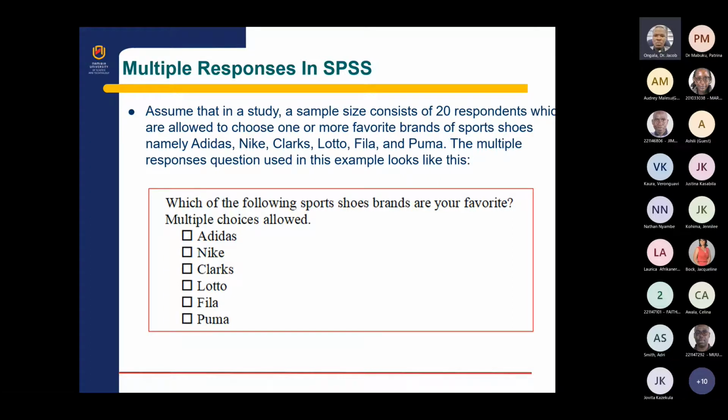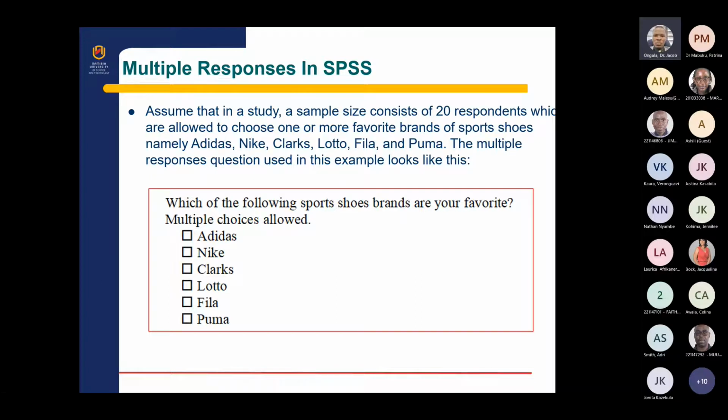For example, I have this question here, which reads: which of the following sports shoes brands are your favorite? Multiple choices allowed. Somebody can easily say, I like Adidas and Nike. Somebody can say Adidas, Lotto, and Fila, or Puma, Lotto, Clark, and so forth. So somebody can easily end up with 2 or more responses, and that's what we call multiple response.